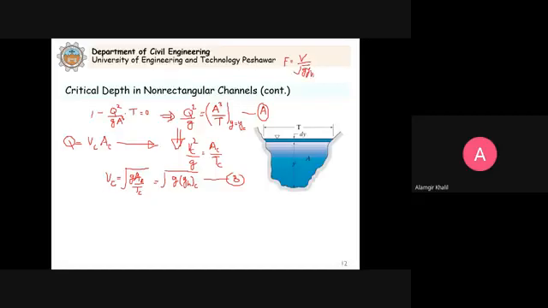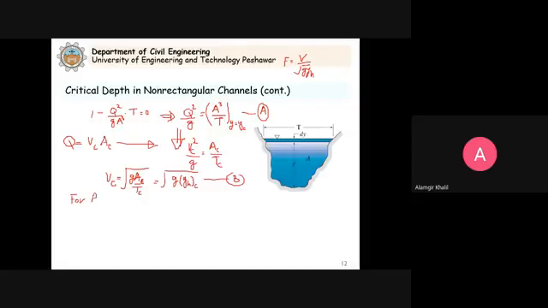So for critical flow, the Froude number is equal to 1. This is for a non-rectangular channel.